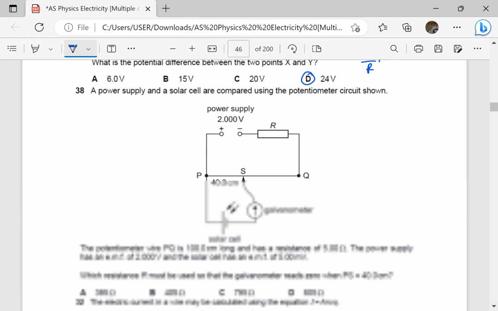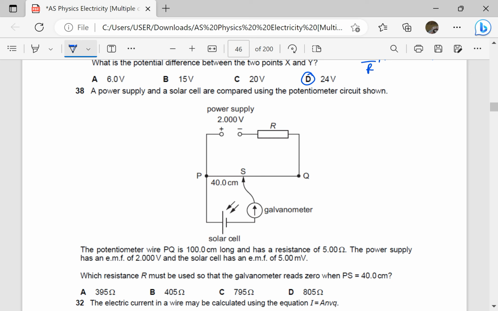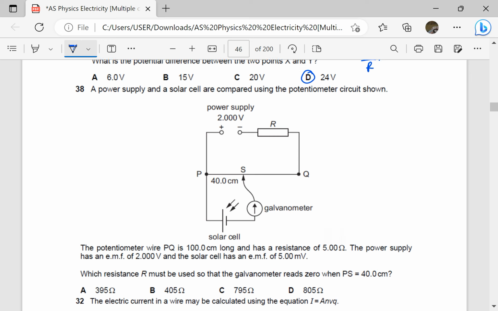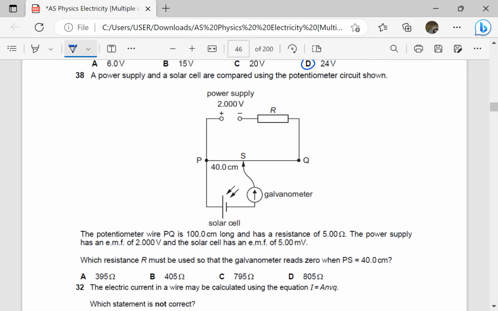A power supply and a solar cell are compared using the potentiometer circuit shown in the figure. Remember, potentiometer compares e.m.fs or PDs. The potentiometer wire PQ is 100 centimeters long and has a resistance of 5 ohms.